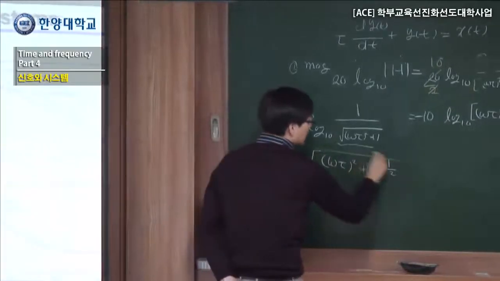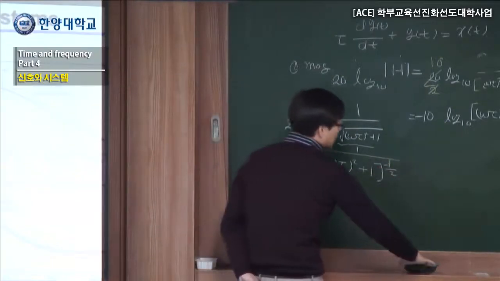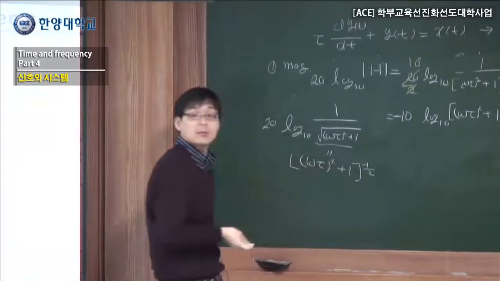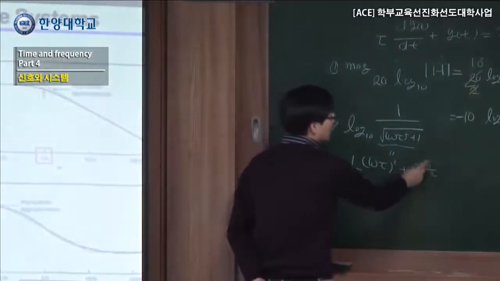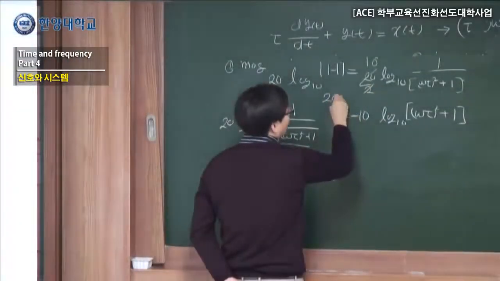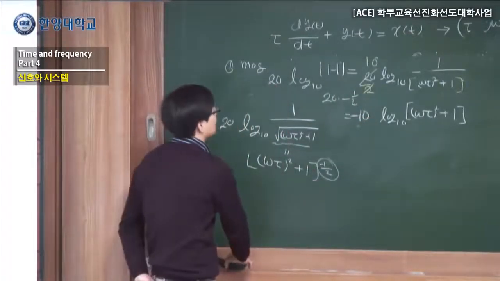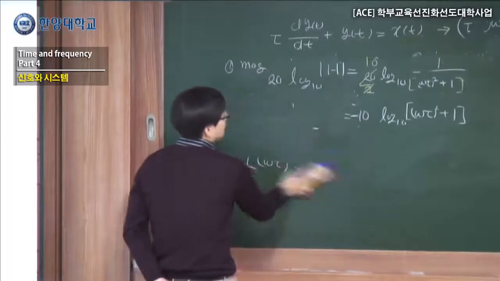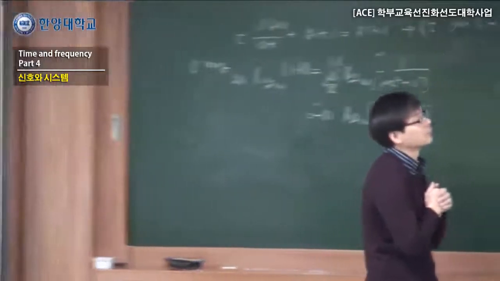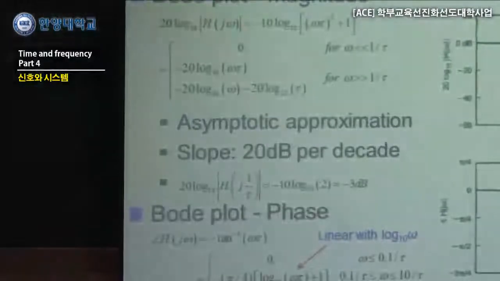And we can put a minus over here and make it the other side. So if you take minus half out to the outside, 20 multiplied by minus half gives minus 10. That's how we calculate so far. So this is our magnitude, and we know that it will look like this.